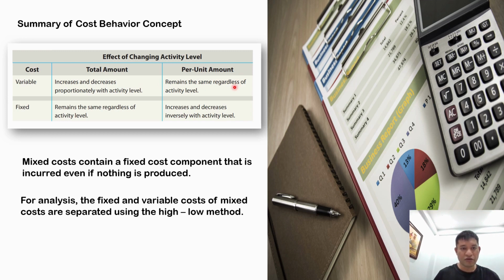For the fixed cost, the total amount remains the same regardless of activity level, while the per unit amount increases and decreases inversely with activity level. The mixed costs contain a fixed cost component that is incurred even if nothing is produced. For analysis, the fixed and variable costs of mixed costs are separated using the high-low method, which I illustrated a while ago.